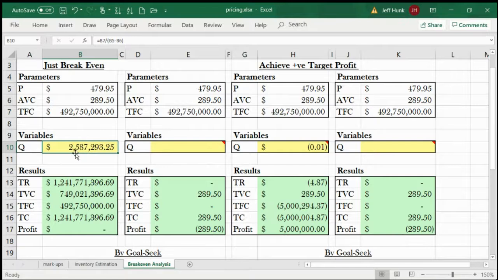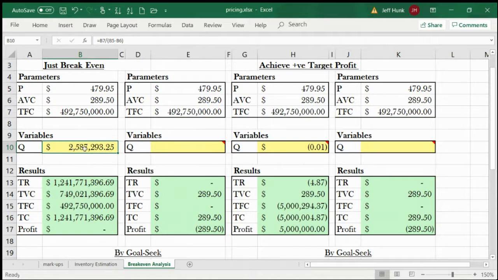So you should say the break-even point is 2,587,294 units, right? That's where it breaks even. Of course, break-even is, once again, just a reference point. No business wants to just break even, but at least it gives us the threshold to make profit.